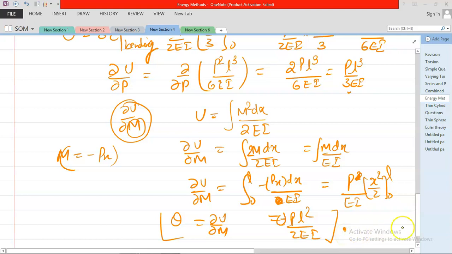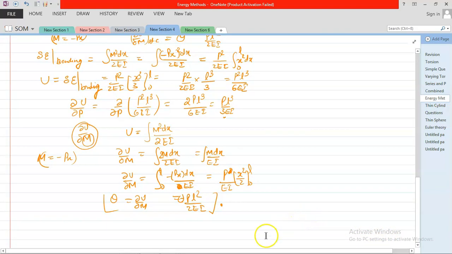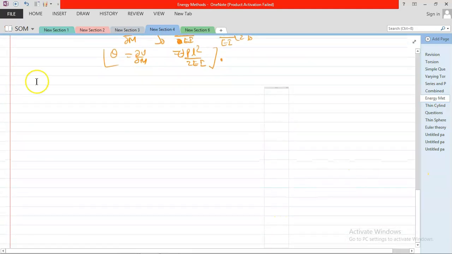So what I am going to do with the next problem is, now easy because you have a direct formula for that and you can easily obtain it. So there is no need to apply strain energy.